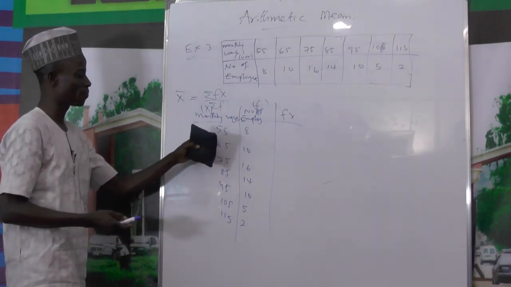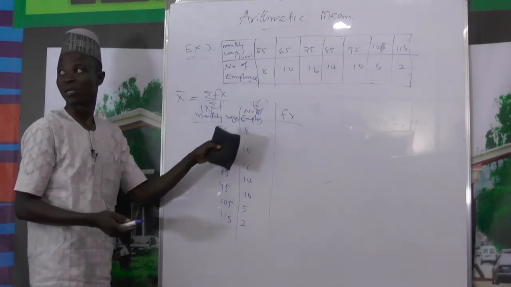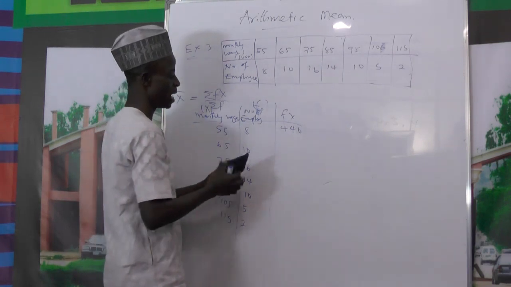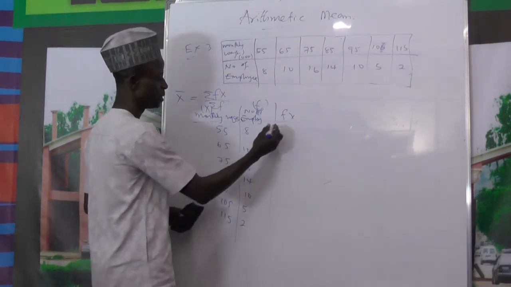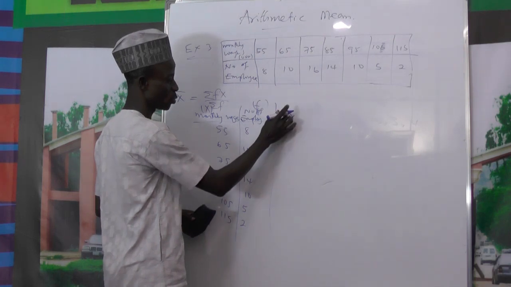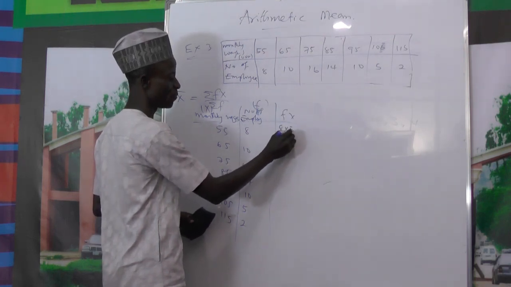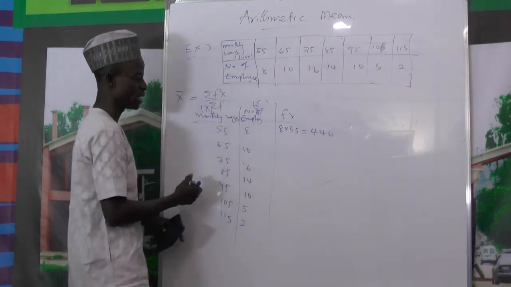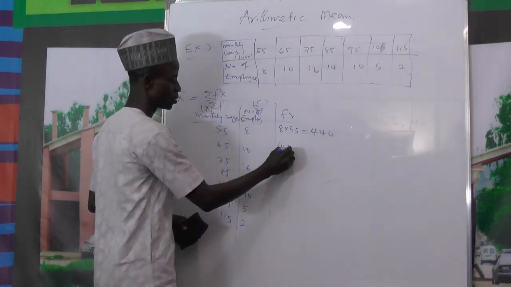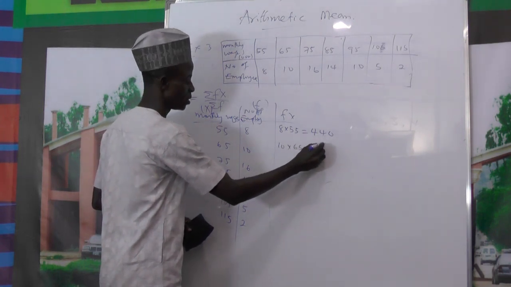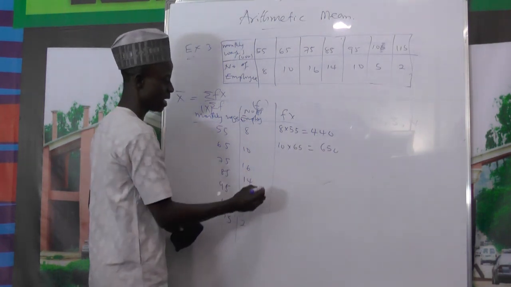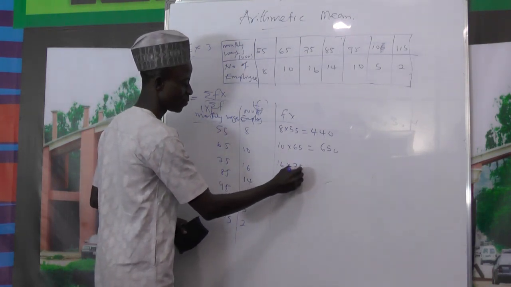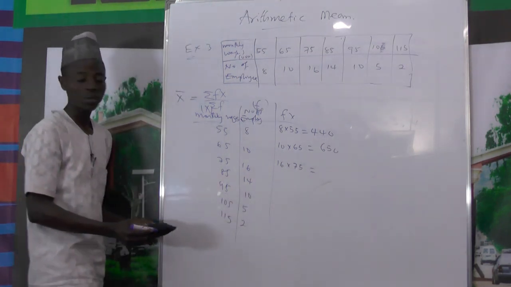If we multiply 55 by 8, we are going to have 440. For better understanding, this one will be 8 because f comes first, multiplied by 55. So this will give us 440. The next one will be 10 multiplied by 65, which will give us 650. The next one will be 16 multiplied by 75, which will give us 1200.